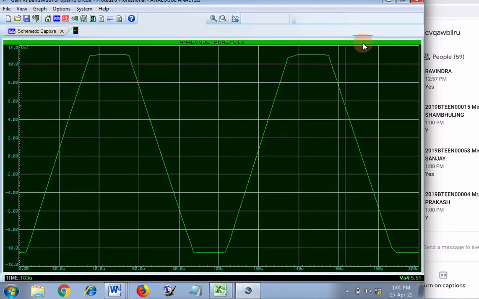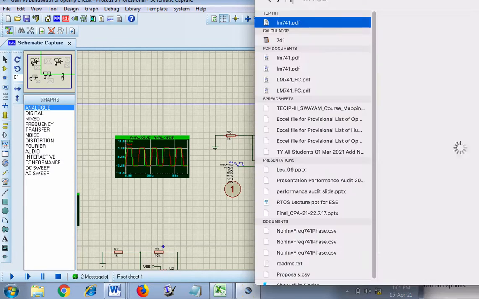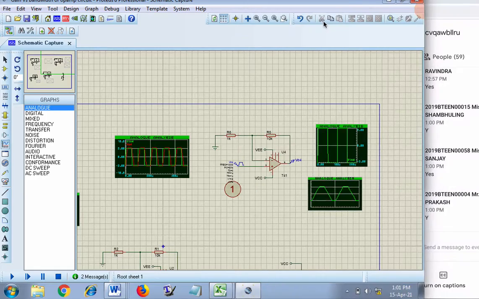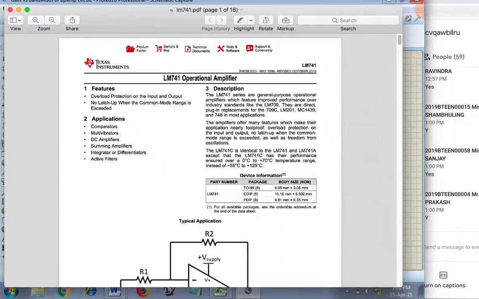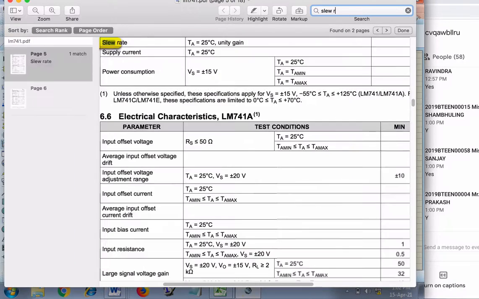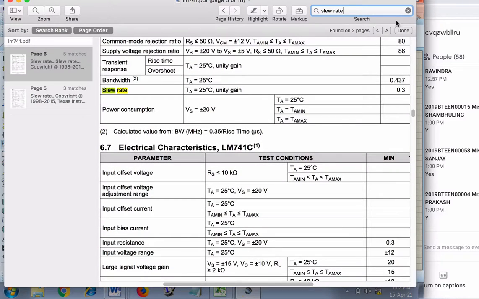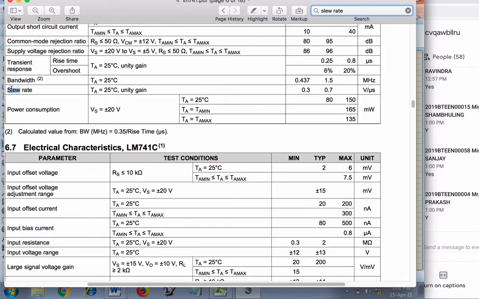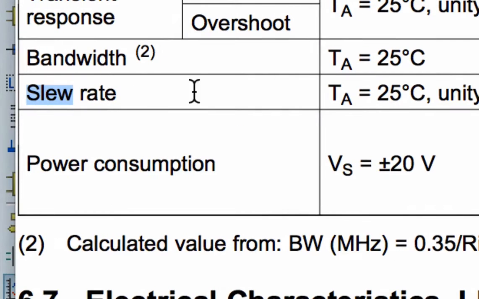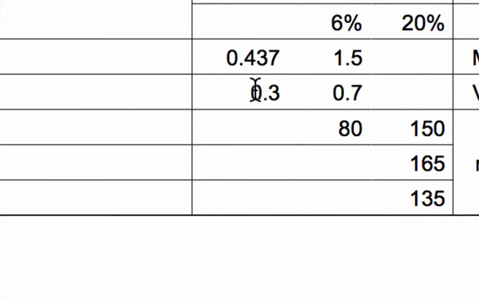If you go through the data sheet of 741, and search for slew rate, as you can see here, we get a slew rate value, and the value given by the manufacturer is 0.3 to 0.7 volts per microsecond.